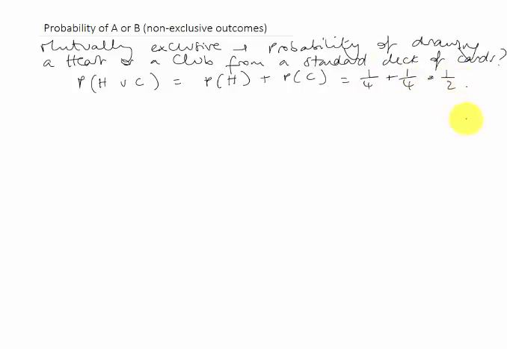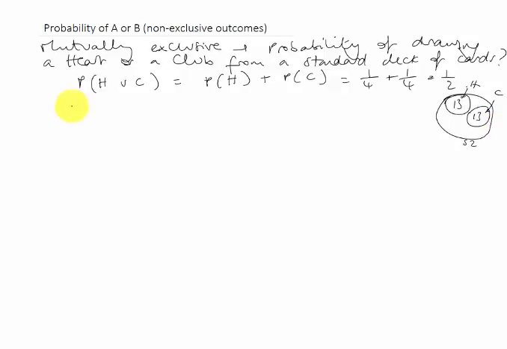And if we were to draw a Venn diagram of that, we've got the 52 cards in the deck. Out of those, we've got 13 hearts, 13 clubs, and those two bits of the diagram do not overlap.